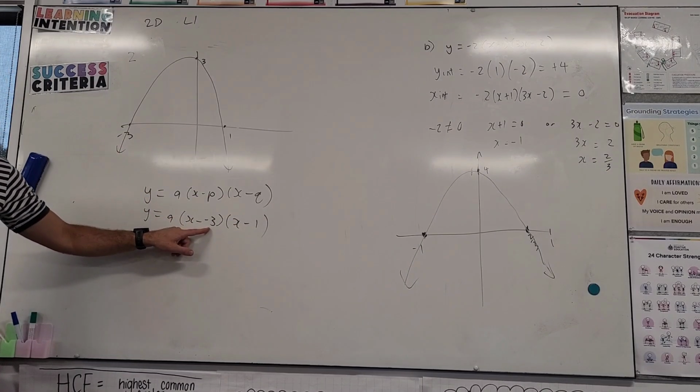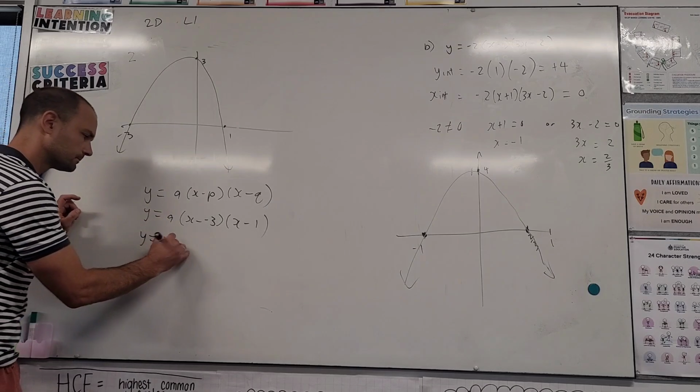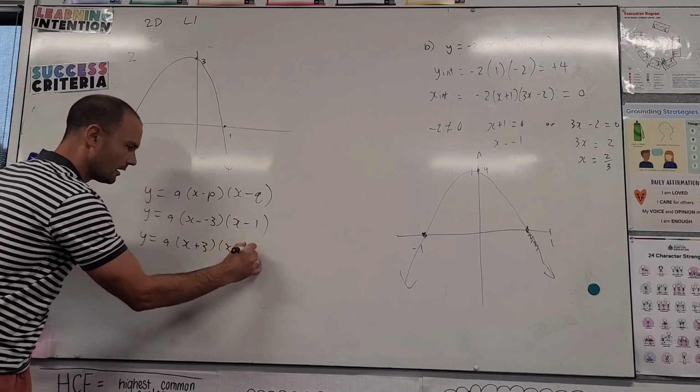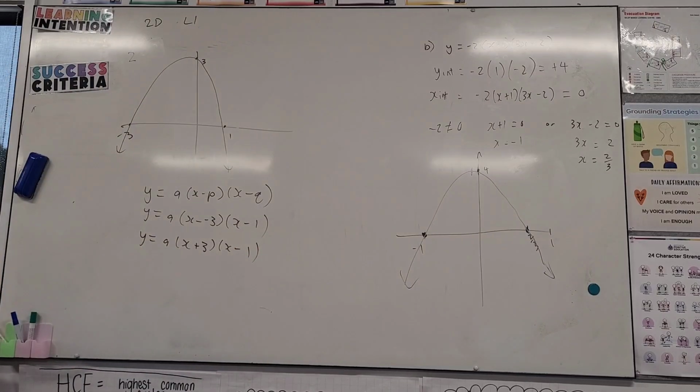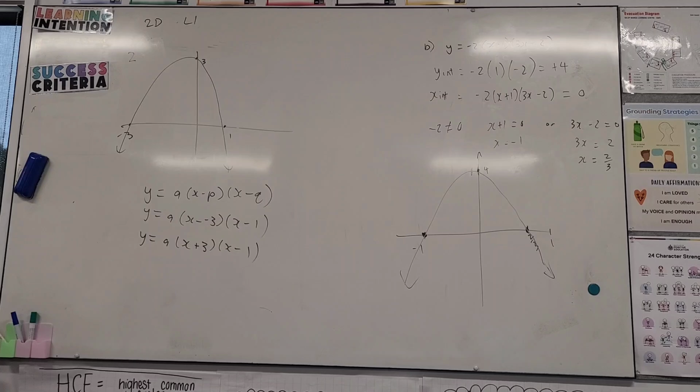That's because they're the roots, they're the x-intercepts. We'll simplify that a little bit and we'll have (x plus 3)(x take 1). Now we always have this a value out the front that we're going to solve. We're going to solve it using the y-intercept. Most of the time the a value will be 1, but we need to check.